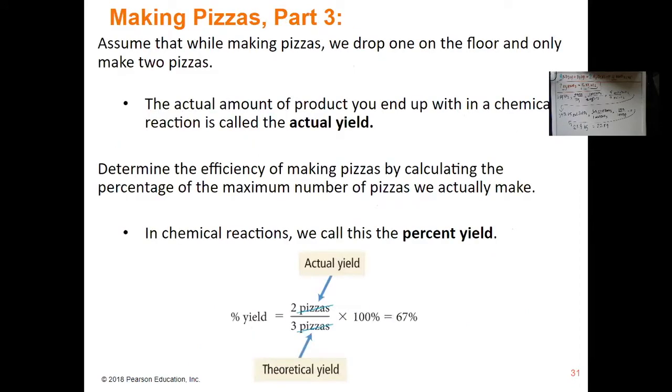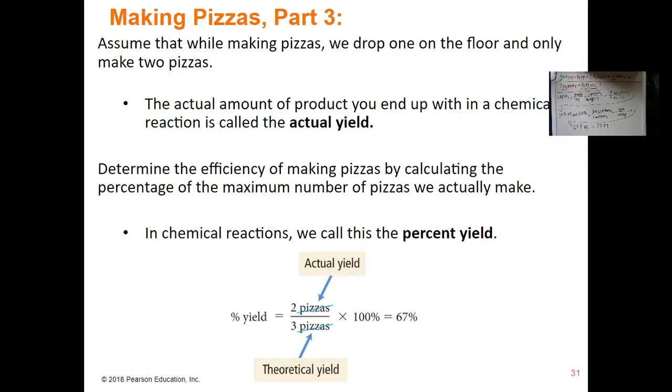The next important component is to look at what would actually happen in real life. If we're talking about chemical reactions, what would happen if you were in the lab performing an experiment and trying to collect product?